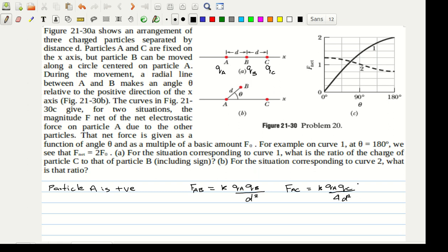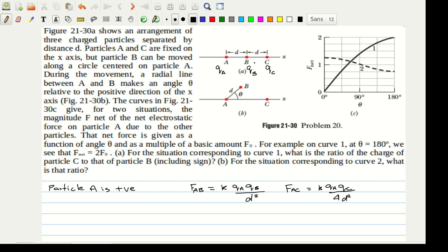Now let us check what happens. We are right now considering only curve 1, this solid curve. We see that at 0 degrees there is no force acting on particle A, so 0 force. What it means is that the force on A due to particle B is in the opposite direction of the force on A due to particle C. How can this happen if A is a positive charge?